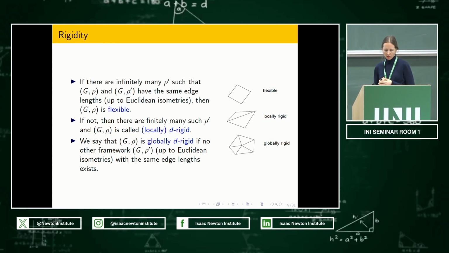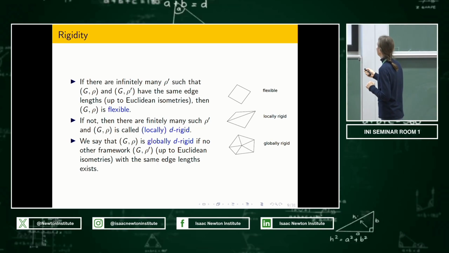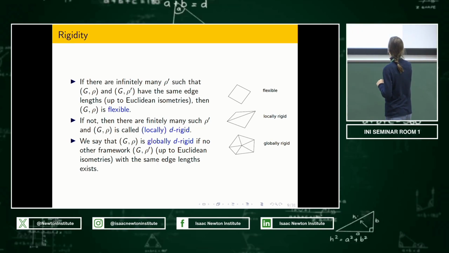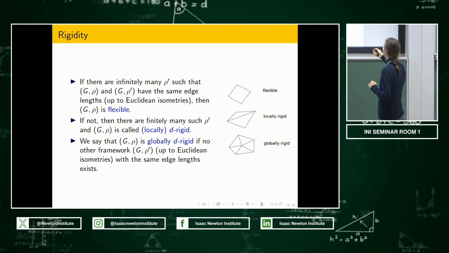And furthermore, if there are no other frameworks at all with the same edge lengths, then we say that the framework is globally rigid. Okay, and here you can see an example. This is a locally 2-rigid framework, but it's not globally 2-rigid.